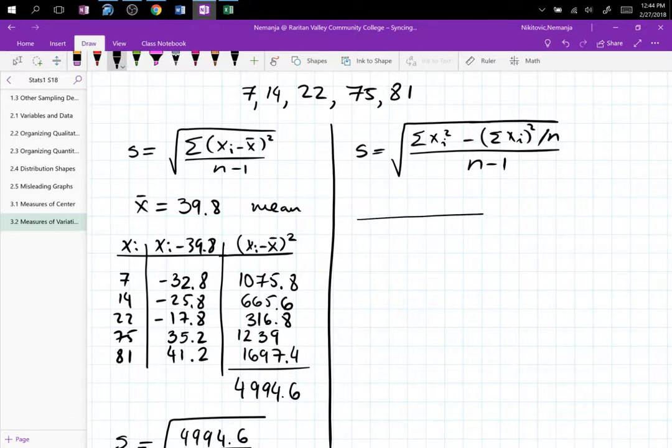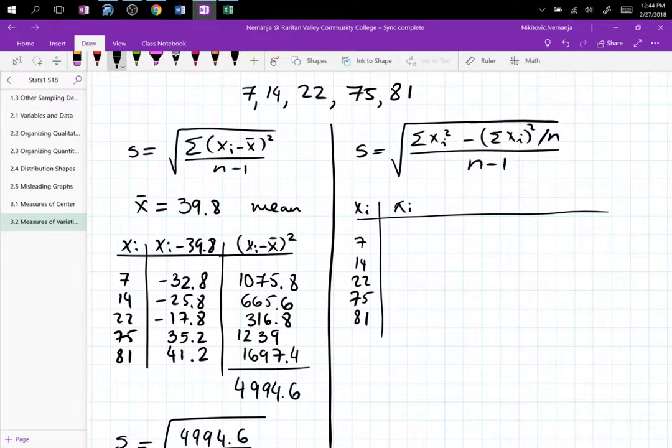Let's take a look at our chart. I need my xi's, and that's 7, 14, 22, 75, and 81. I need xi squared.